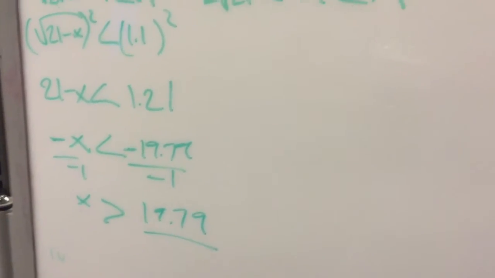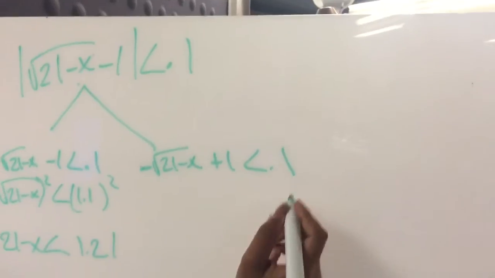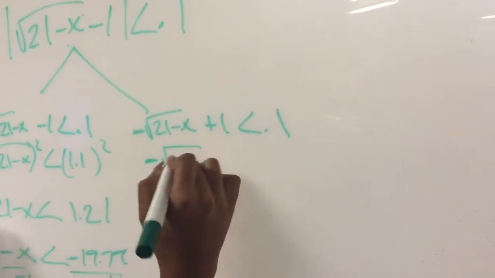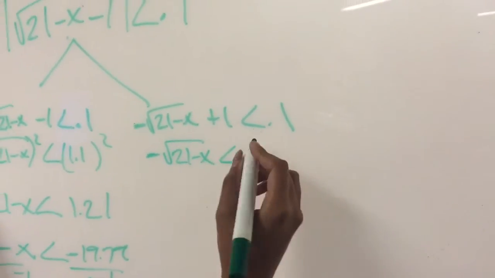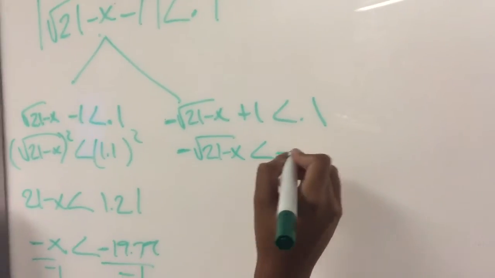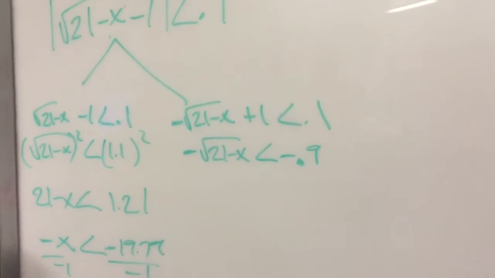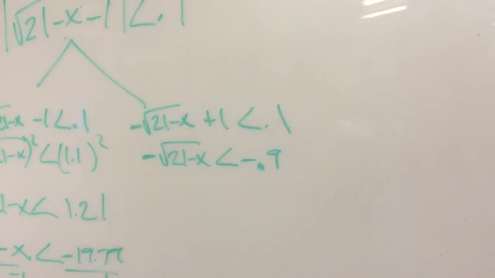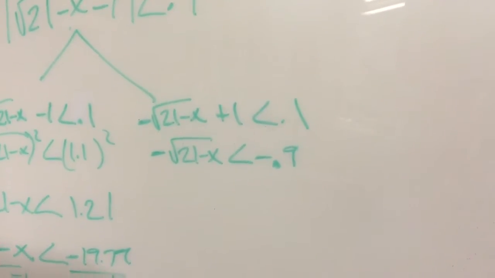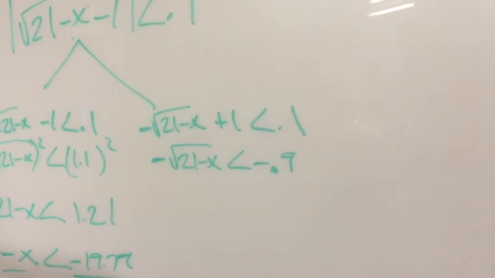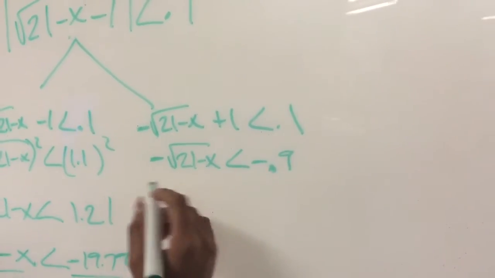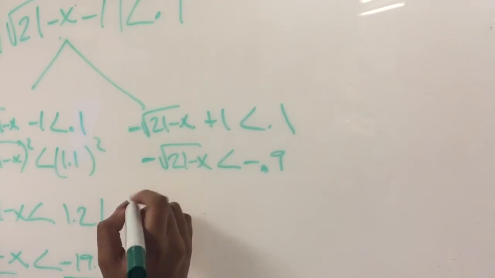That's the first value. Now to do this side, I'm going to subtract 1, and you'll have negative square root of 21 minus x greater than negative 0.9. And then you're going to divide each side by negative 1.